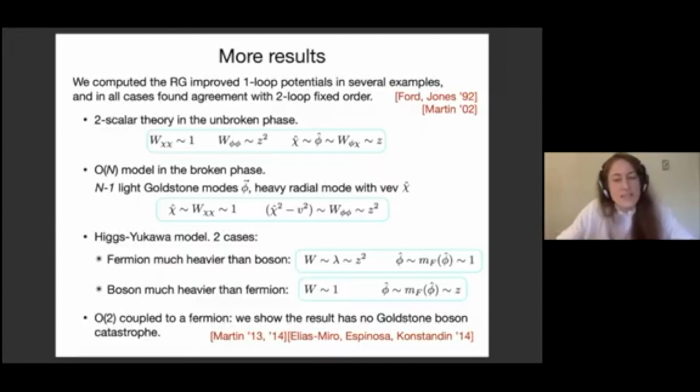We only looked at examples that weren't gauge theories just because there are some subtleties with interpreting the effective potential in the gauge case, but our formalism works perfectly well for the gauge case. So you can do that. You can go to higher order, in whatever example you like. So you can do one loop matching, two loop running to go to next to leading log order, for example.